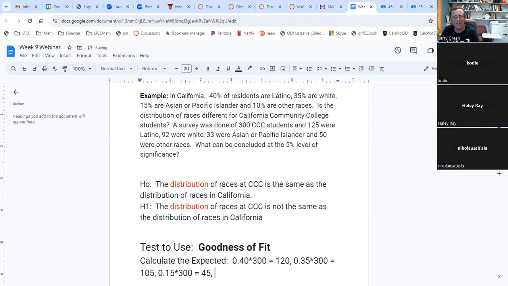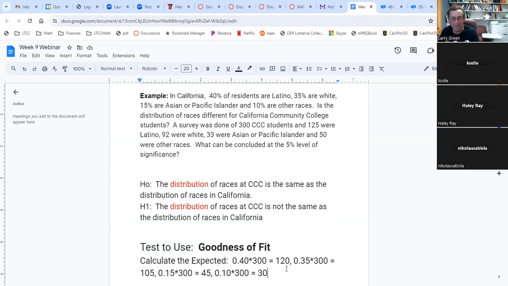And then finally, for the other 10%, or other races, that's 0.10 times 300. And that's 30. Any questions on that? Any questions on how I calculated the expected values? Okay, this is different than the expected value that we got in chapter 4. This is the expected values for goodness of fit testing.